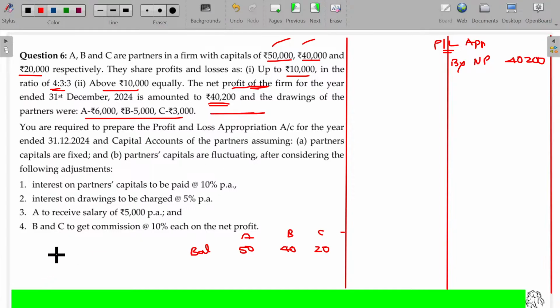And drawings for A, B, C are 6,000, 5,000, 3,000. Capital account may be in thousands.